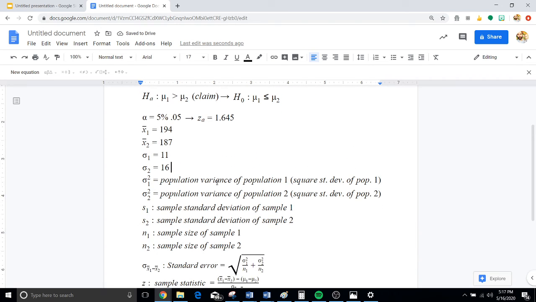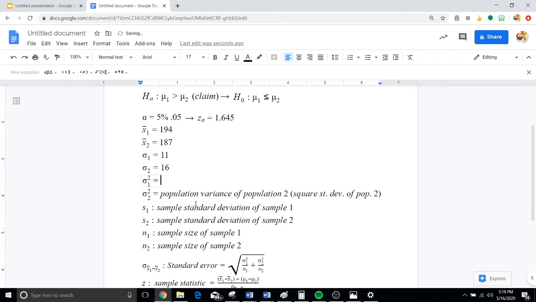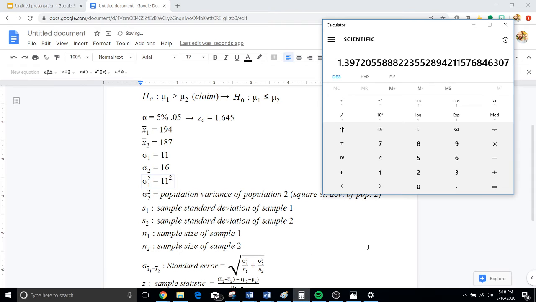We know that our variance, we just need to take each of these standard deviations and square them. So 11 squared, some of you probably already know the answer to that, but if you don't, that's okay. That's what calculators are for. So 11 squared is 121.